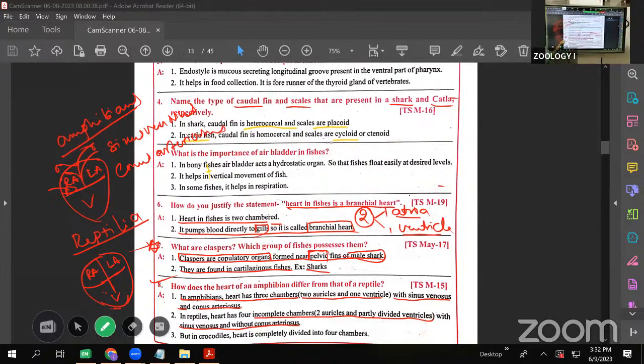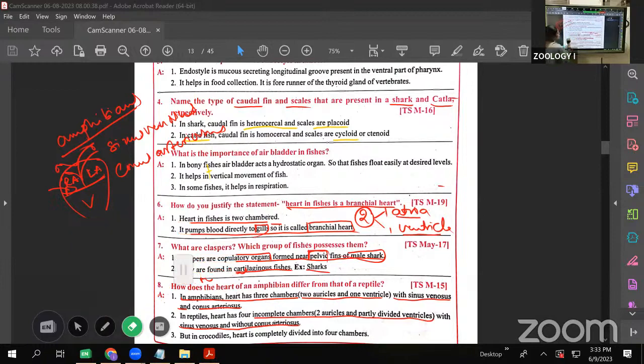But here only the sinus venosus is present and the conus arteriosus is absent. This is about the difference between the amphibian and the reptile heart.